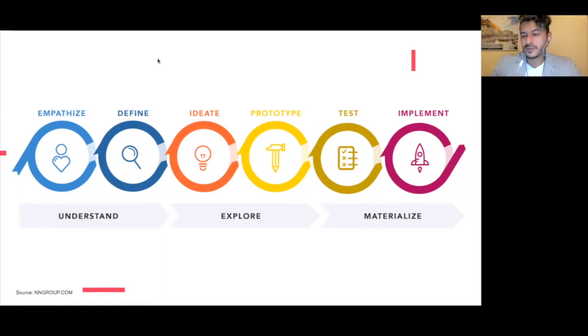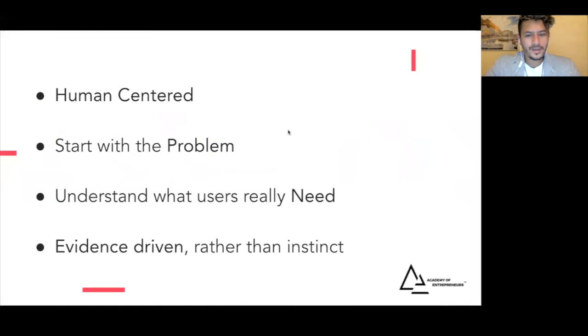And then what I will do right now is break down each one of them, give you some tools and techniques that you can use, and then we can have some conversation and answer some questions. Okay. So just to summarize, design thinking is a human-centered methodology, or human-centered approach, to solve problems in a pretty particular way.